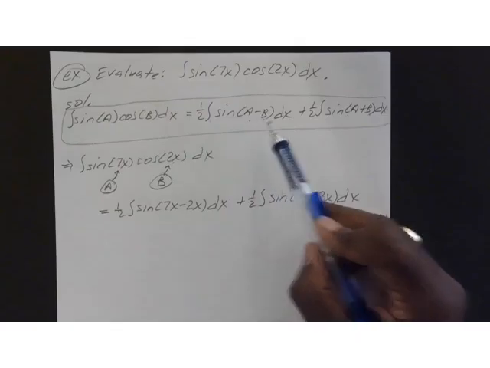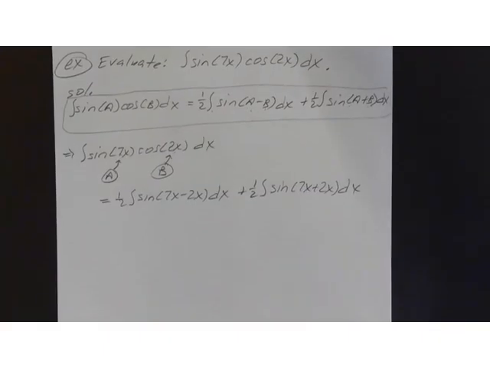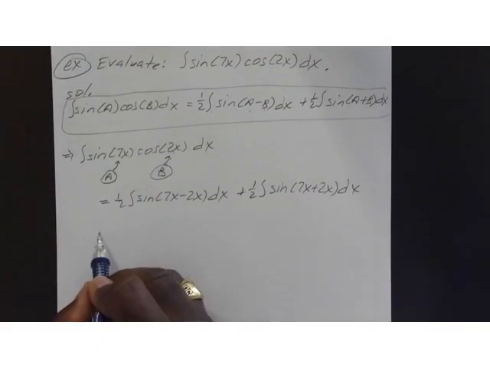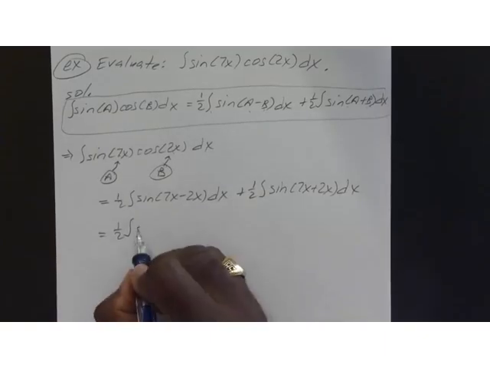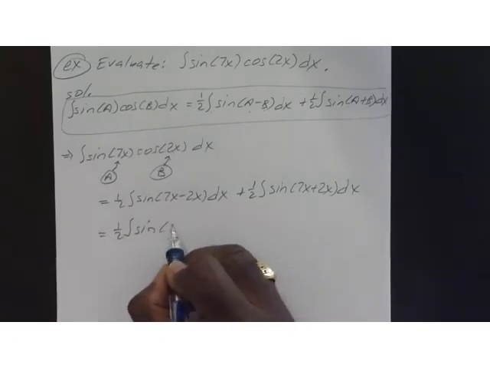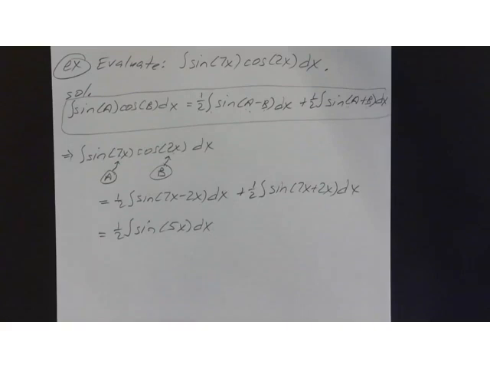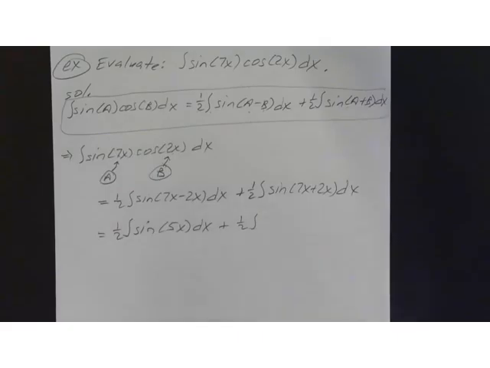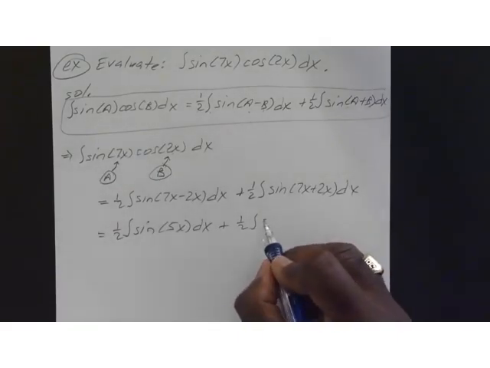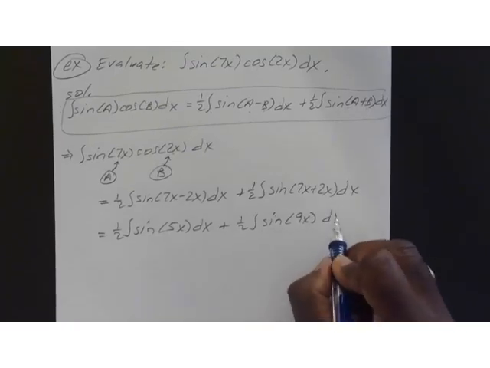All we did was plug in our a and b. So that gives us 1/2 times the integral of sine of 5x with respect to x, plus 1/2 times the integral sine of 9x with respect to x.